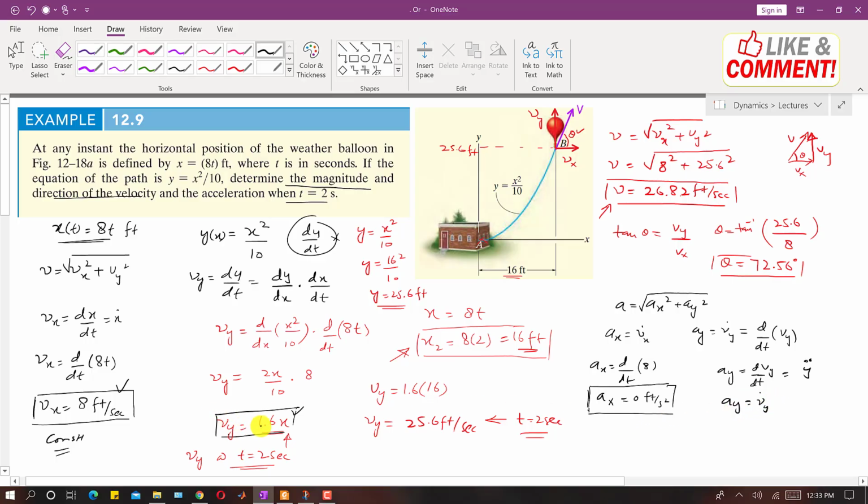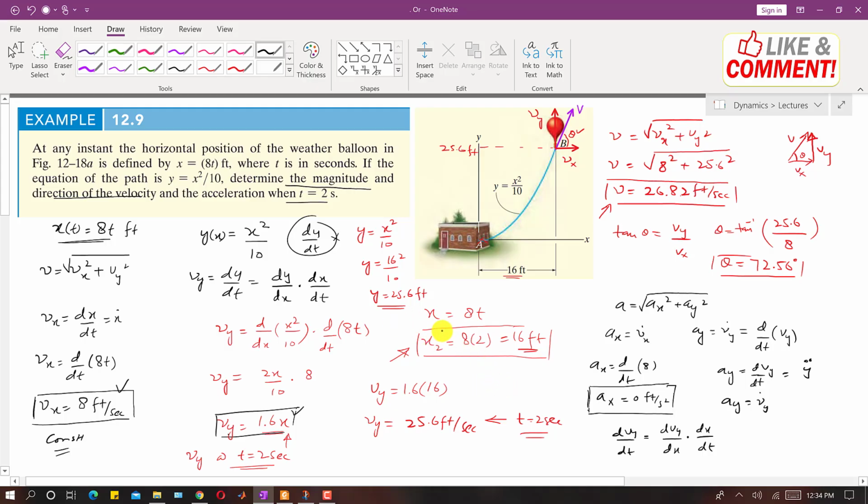So now this is Vy, which is 1.6x, so then dVy by dt will be equal to dVy by dx multiplied by dx by dt, since the Vy is a function of x, so again the same formula.